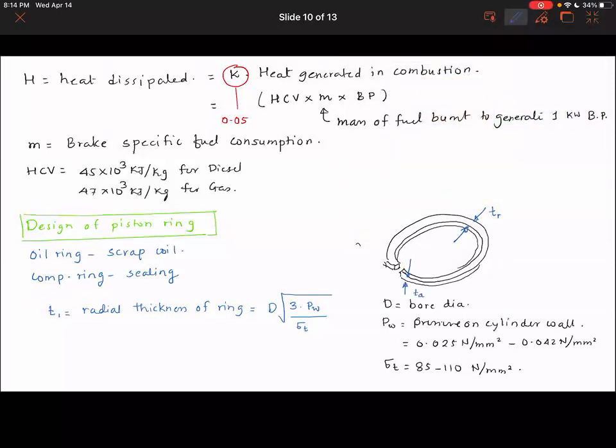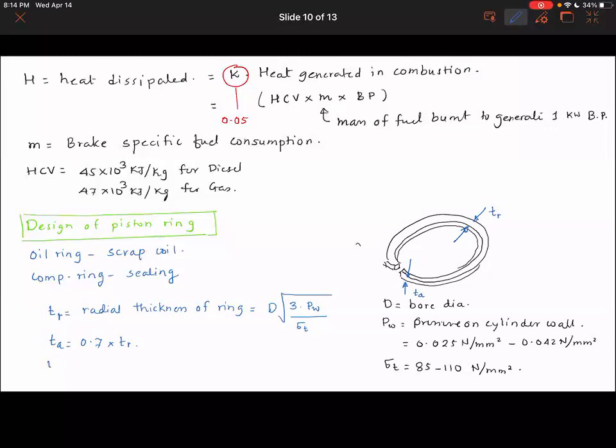The axial thickness TA is 0.7 times TR. And then there are some standard dimensions.